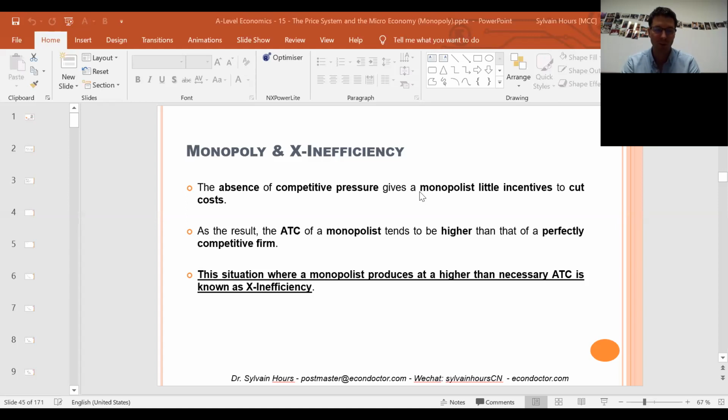So this is mostly what we will do: advantages, disadvantages, and then in the second part, a more detailed analysis of a natural monopoly. And the next webinar that will probably be scheduled tomorrow will be about price discrimination. And then we will be able to move on and to talk about other market structures.